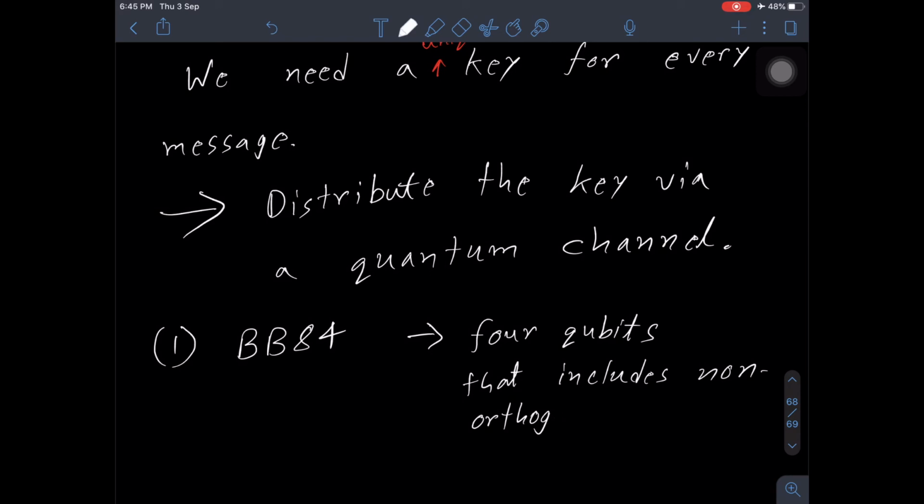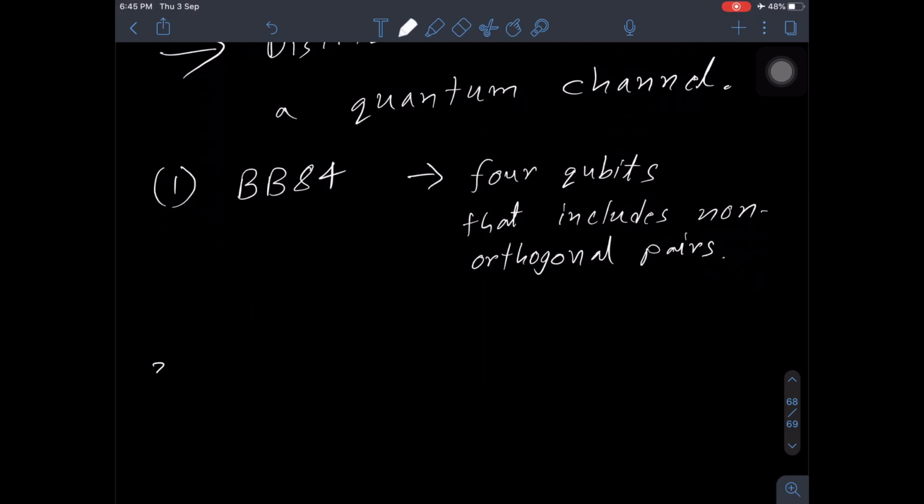Then there is the other one, which is B92, which uses 2 non-orthogonal qubits.